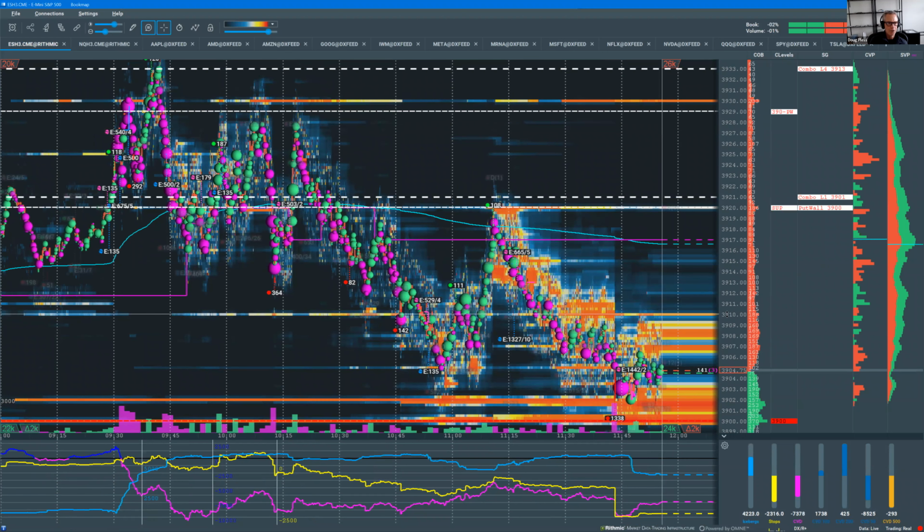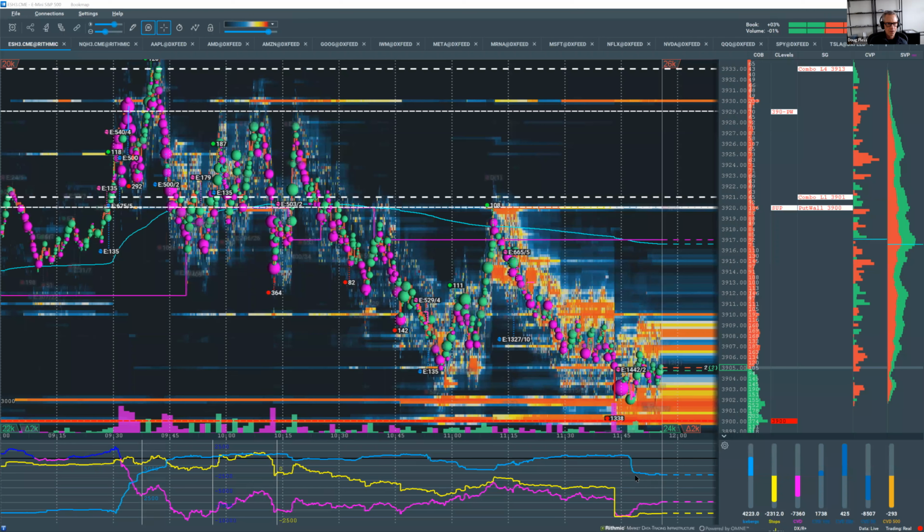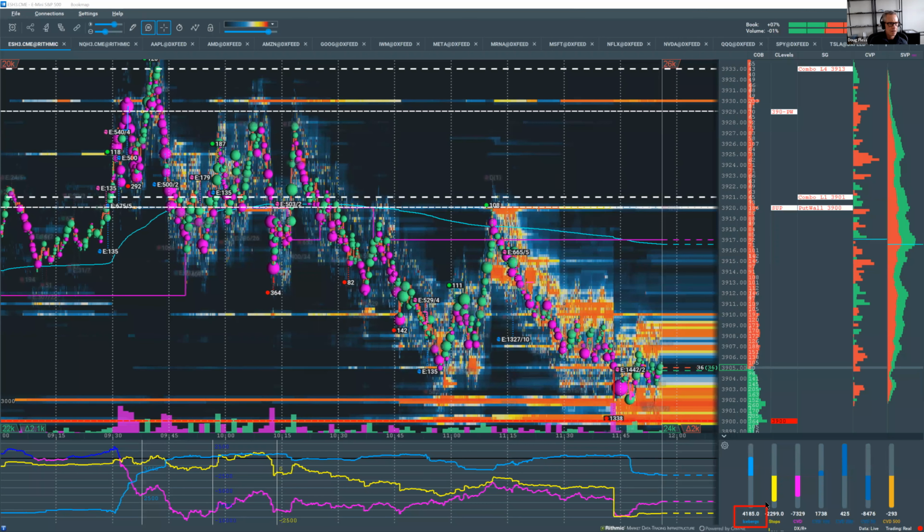Just looking at order flow, it looks like large traders with their iceberg orders, and they use iceberg orders to hide their size. That's positive. So large traders are buying this dip. And then this yellow line shows stop orders. There have been sell stop orders. That's the yellow line.